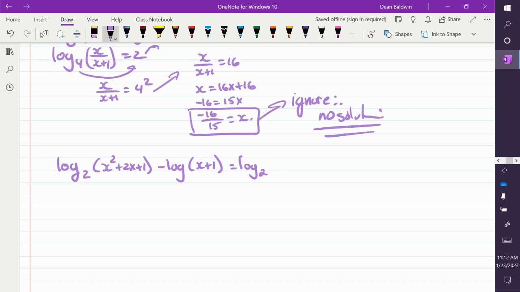Let's make it a 7. All right, what do we do? If you have multiple logs, you don't want multiple logs, put them together to form a single log on either side. So I can put these two together. They're being subtracted, so that means they're being divided.